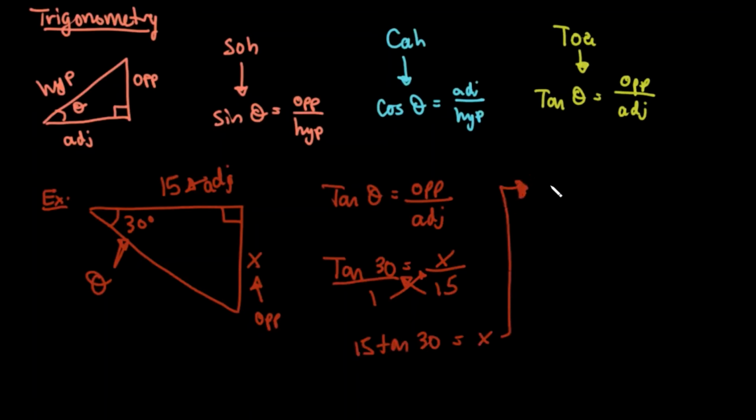We can rewrite this formula so that x is on the left-hand side. Then we just plug this into our calculator, and we should get an answer of 8.7.